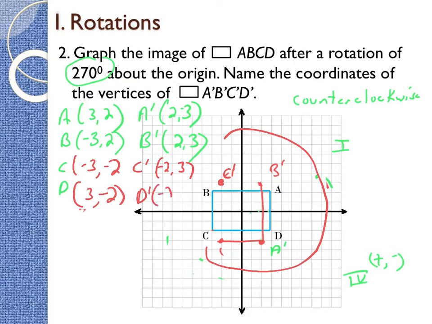So it's going to go to -2, -3. Okay, there we go. So we just took it and made a 270 degree rotation. We turned it 3 times and made a 270 degree rotation.